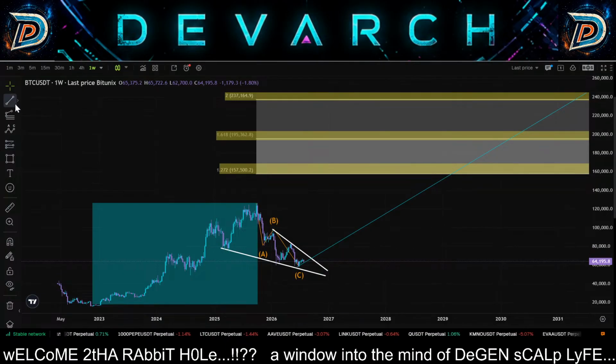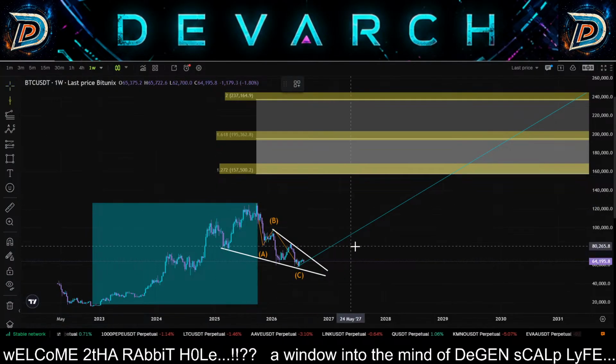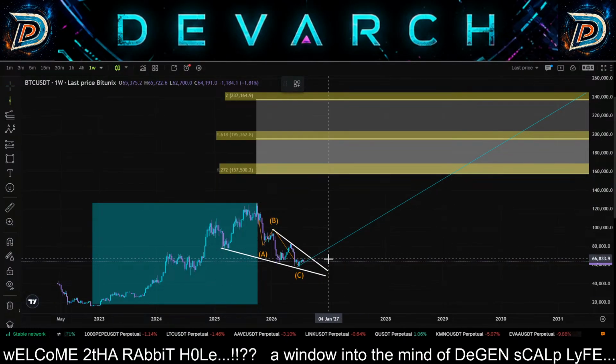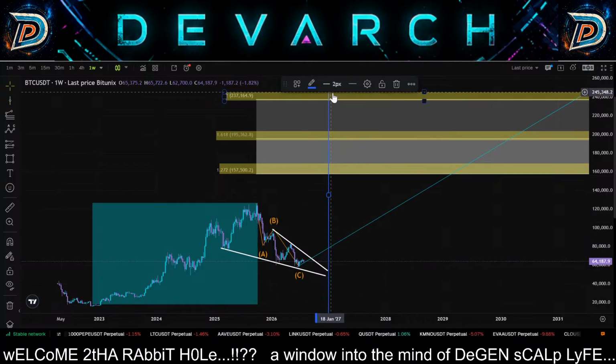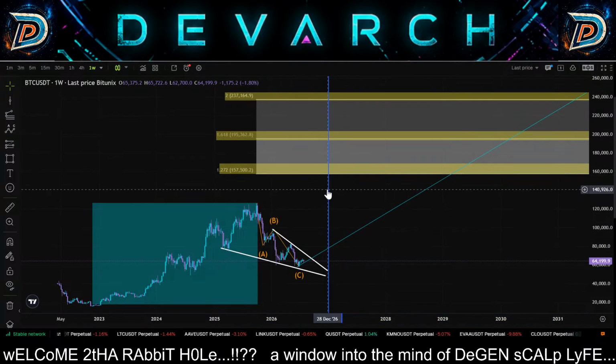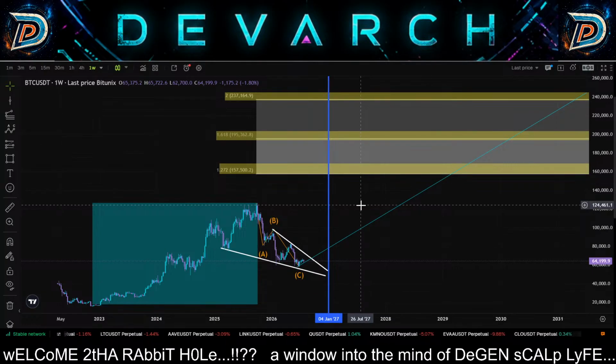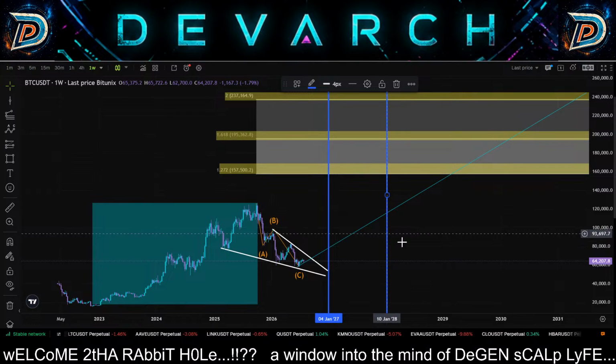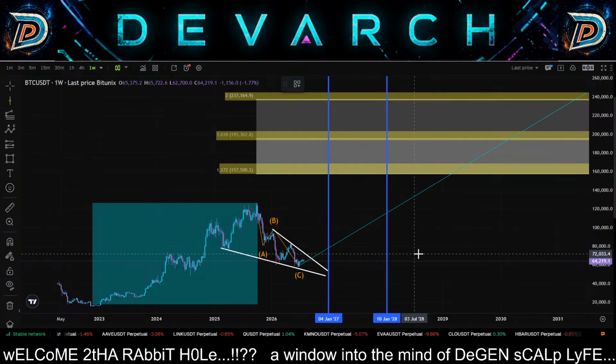And then if you want to, we can even put some vertical lines at different key points. We've got New Year's 2027. Let's make it bold. We've got 2028. We've got 2029.